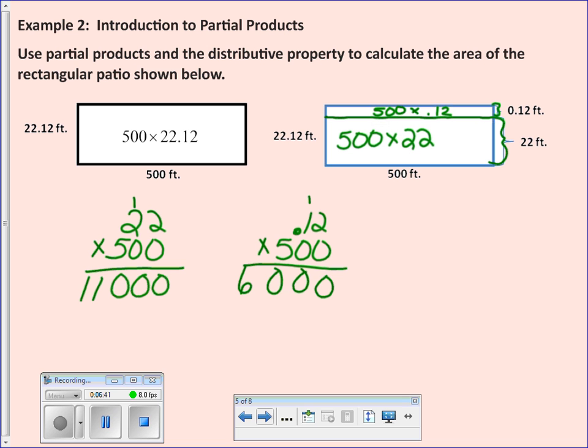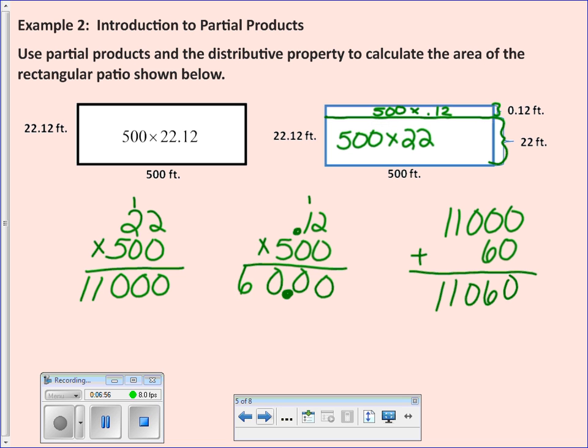We have to move the decimal 2 places here. So now I'm going to take my two products, 11,060, and add the two areas together. And I get the same answer that I did when I did my long multiplication.